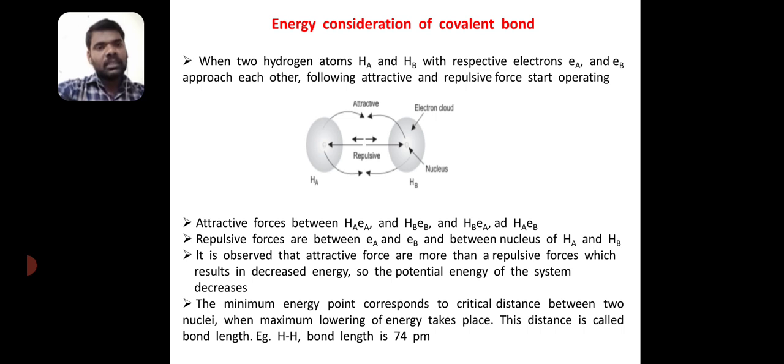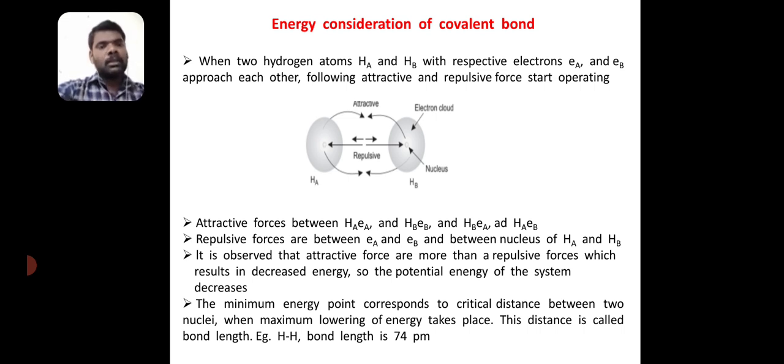In this picture, the hydrogen atom Ha and hydrogen atom Hb have electrons and a nucleus. There is an attractive force and a repulsive force acting between the two atoms.